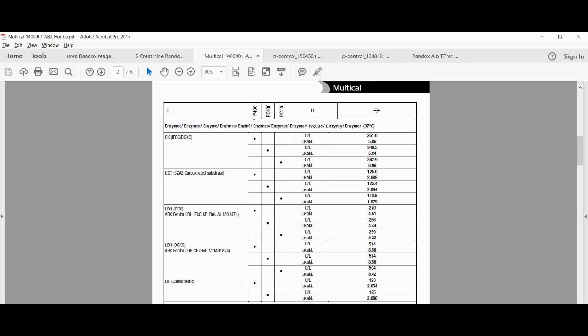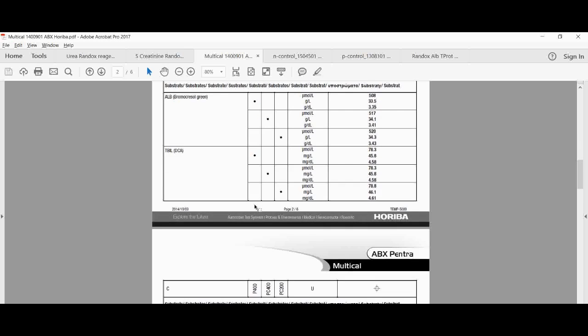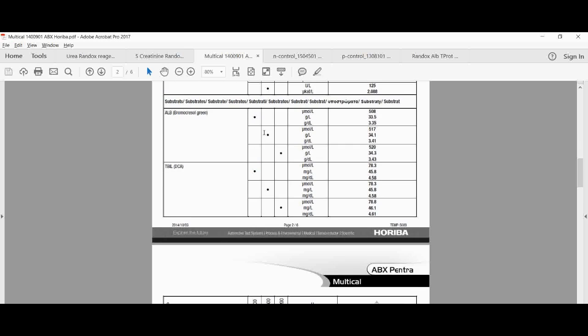And if you look at which is in this column, and if you go down to albumin, then you take this value, gram per liter, 33.5. You'll see that the values are very close to each other, 34.1 for the different analyzers, and it should be, there's just minor variations if you use a different analyzer every time. So, but if we were to use the P400 analyzer, then we can use this result, 33.5 grams per liter.